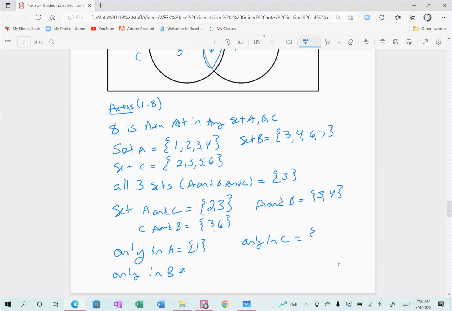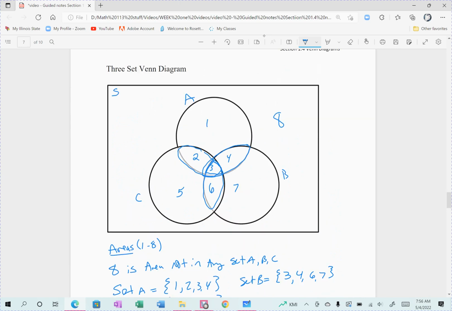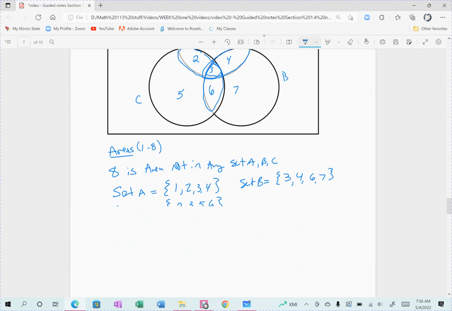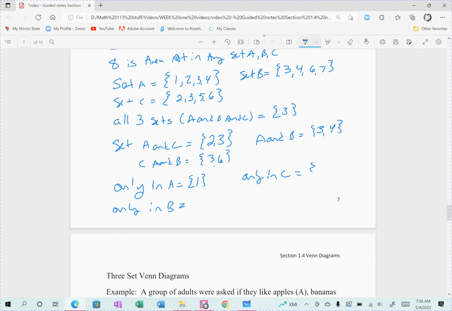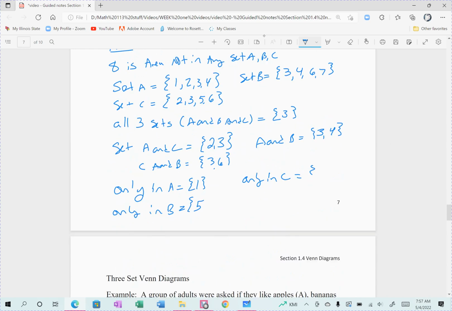If an application asks for only, it means I can only be in that group. So 1 is only in circle A. It's not in B and it's not in C. 5 is only in set C. 7 is only in set B. Sorry, backwards: only in B was 7, and only in C was 5.